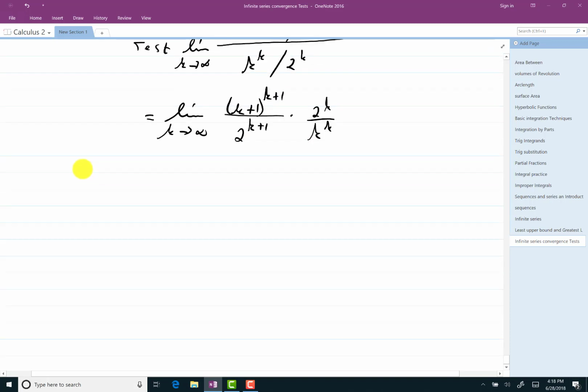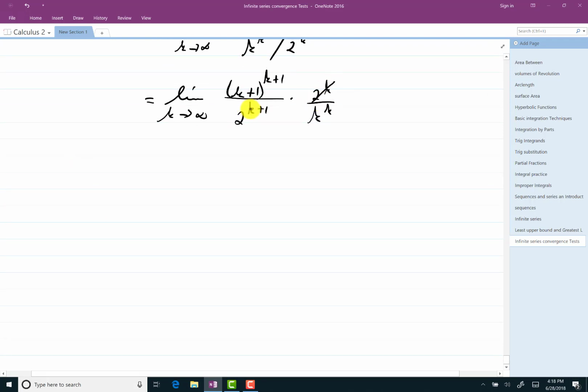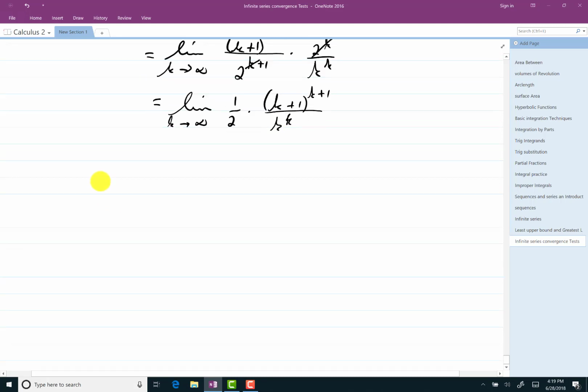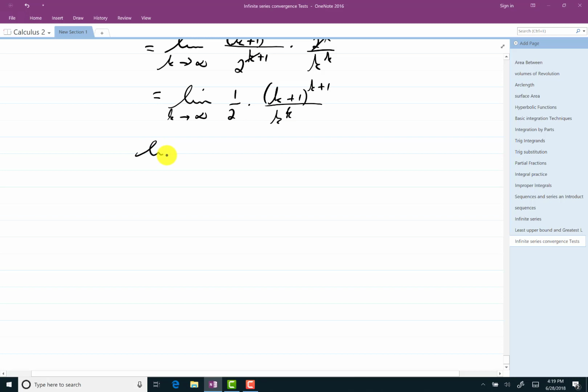Now the canceling is a little bit weirder than before. This 2 to the k still cancels most of the 2's out of there. But right here is a difficult situation to work with. Let me rewrite that. So the 2 that's here, I'm just going to pull it out. But now I'm going to have k plus 1 to the k plus 1 all over k to the k. So let's see what happens there. Well, I can break this up in the following format.